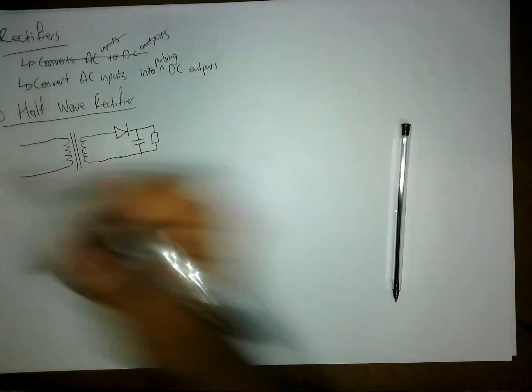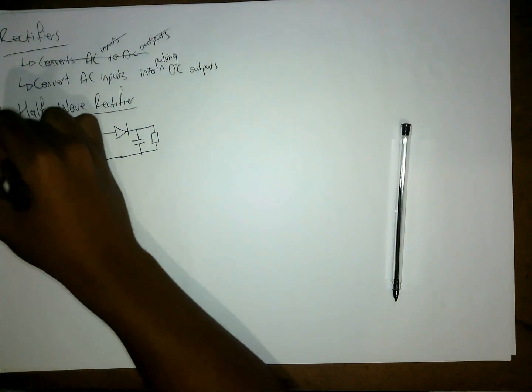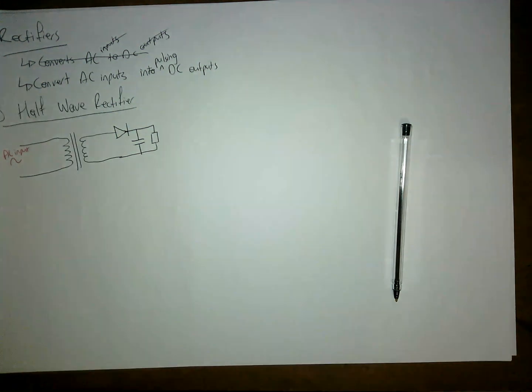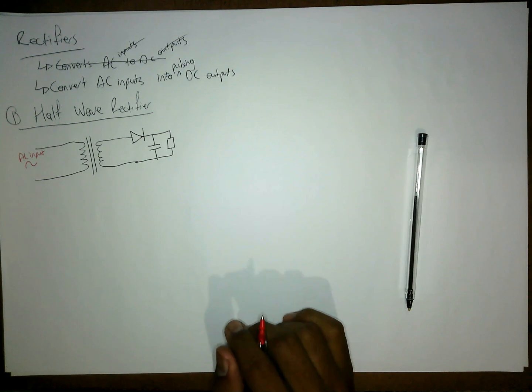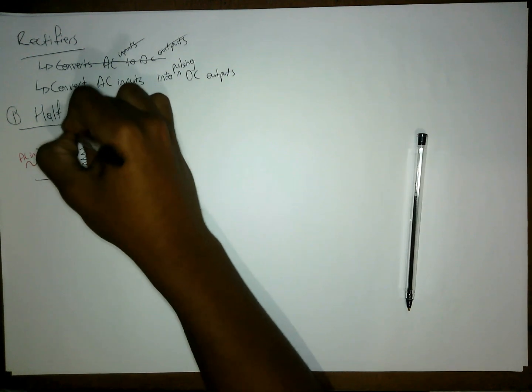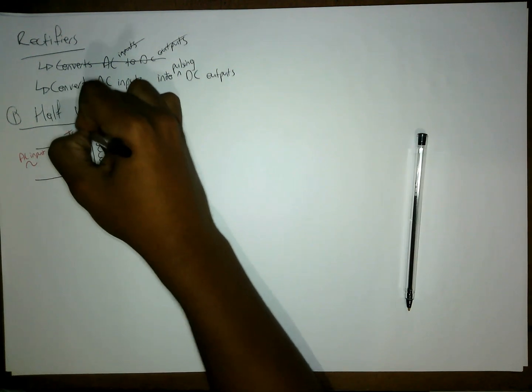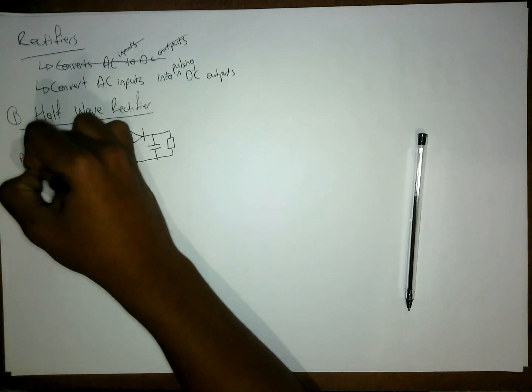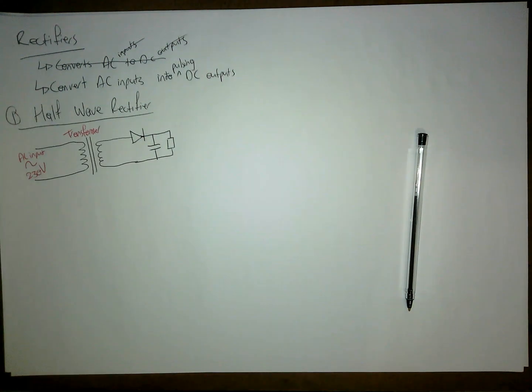Now we label. This is our AC input. This is our transformer. You can say this is actually our 230 volts, that's our 230 volts AC.